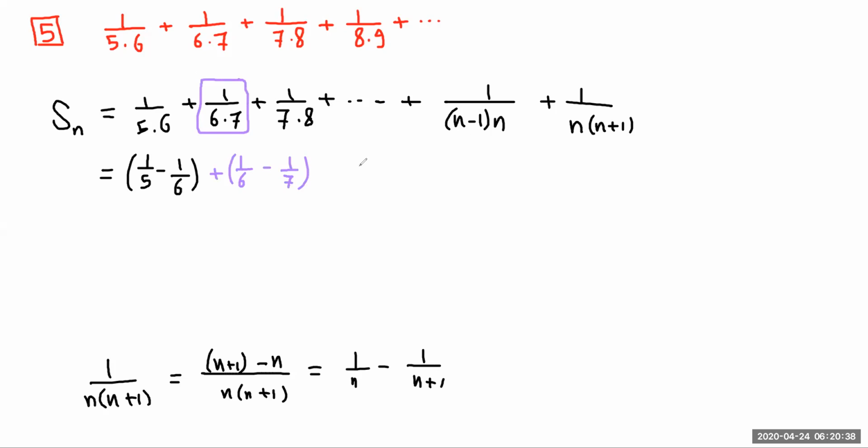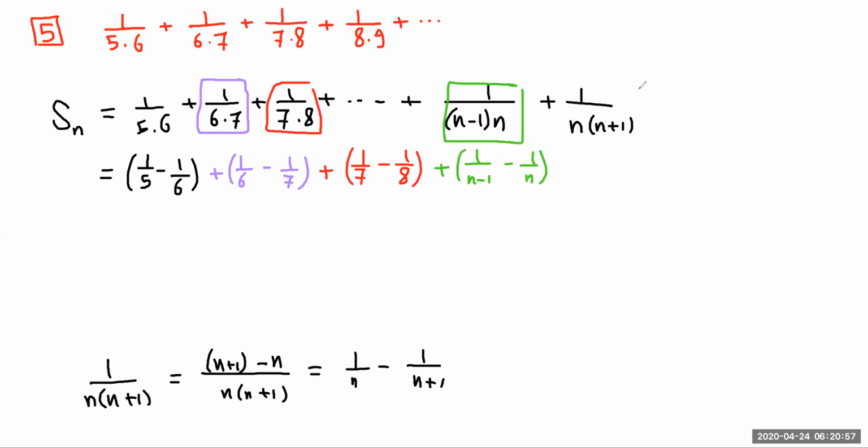Also the next term here, 1 over 7 times 8, could be written 1 over 7 minus 1 over 8, etc. And we continue. And here we will have this term 1 over n minus 1 minus 1 over n. And finally, this term here, it will be 1 over n minus 1 over n plus 1.